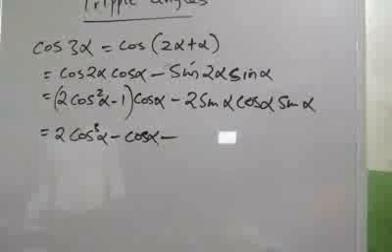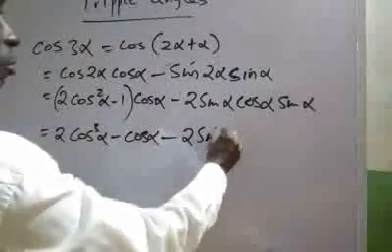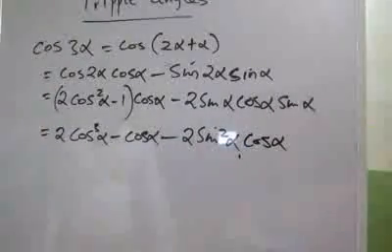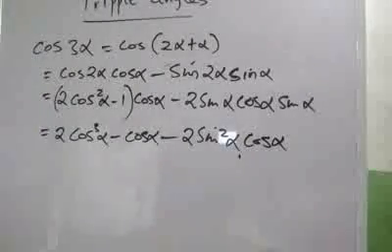minus 2 sine alpha cos alpha times sine alpha, which gives us 2 sine square alpha cos alpha. Remember that sine square alpha is the same thing as 1 minus cos square alpha.